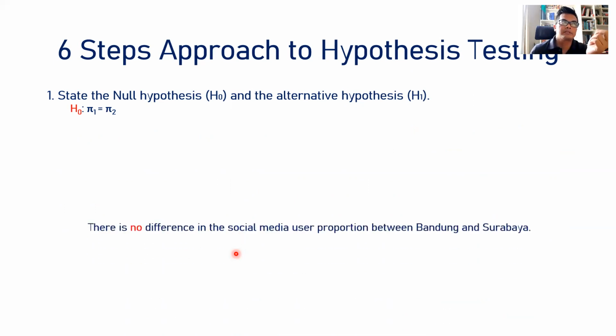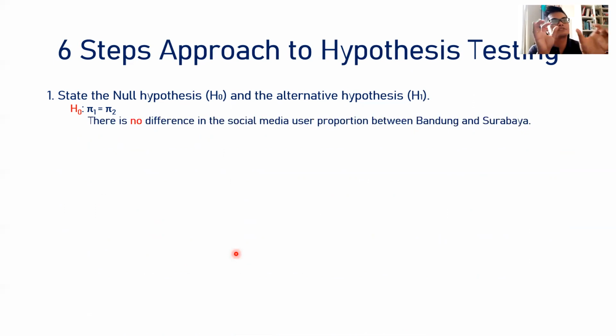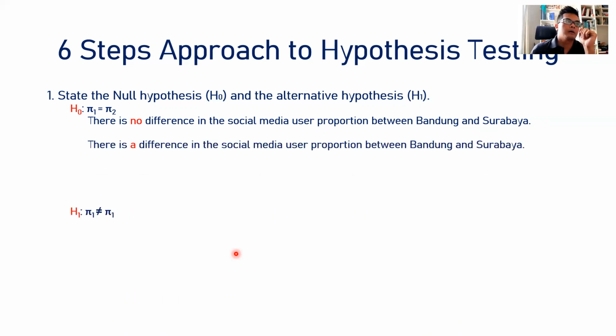That's the null hypothesis. There is no difference in the social media user proportion between Bandung and Surabaya, or they are similar. And then the alternative is the antithesis, of course, stating that there is a difference in the social media user proportion between Bandung and Surabaya. Okay, I think that's easy.